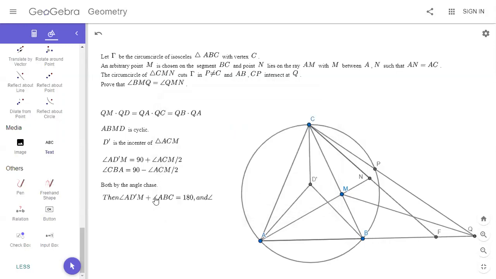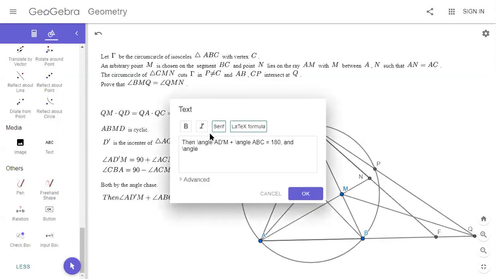Hold on just a sec. That's CD prime M and C. Hold on just a sec. So I could see why AD prime MB is cyclic.